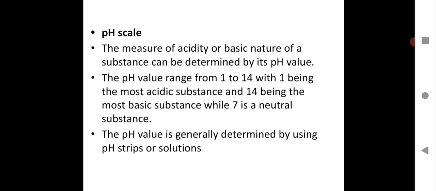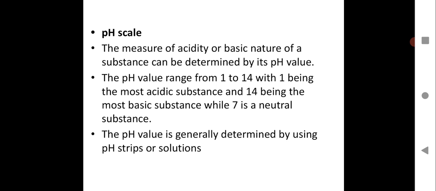The pH value is generally determined by using a pH strip or solution. That means pH paper we make, or a solution which we can make, like litmus solution. We can dip filter paper in it, and you can dry those papers and you get litmus paper. Similarly, you can prepare pH paper.